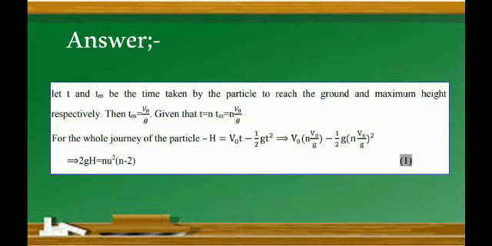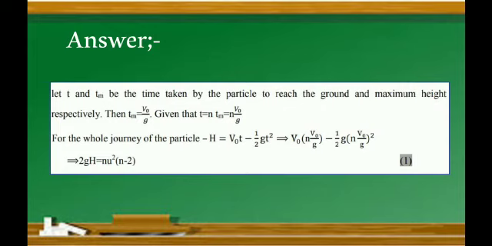The answer is like this. Let t and tm be the time taken by the particle to reach the ground and maximum height respectively. Then tm is equal to v0 by g. Given that t is equal to n tm is equal to n into v0 by g. For the whole journey of the particle, h is equal to v0 t minus half g t square.